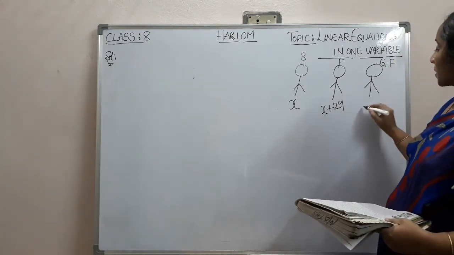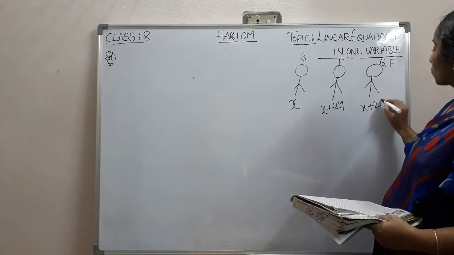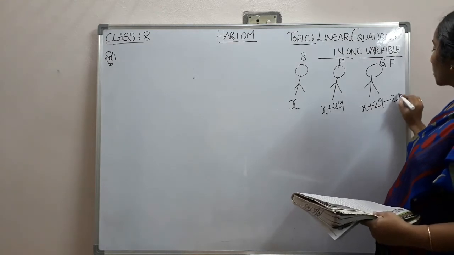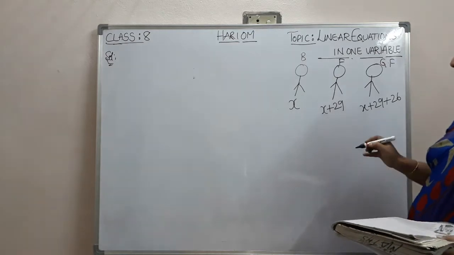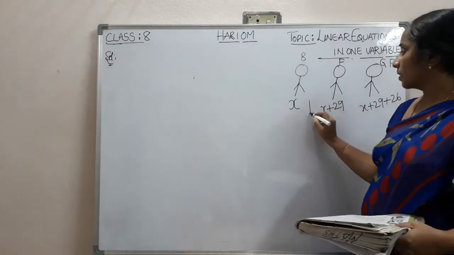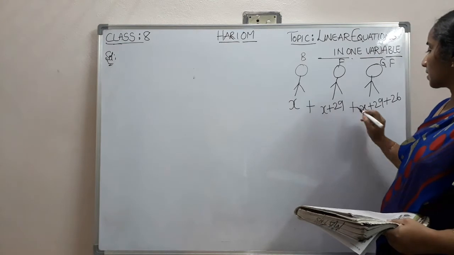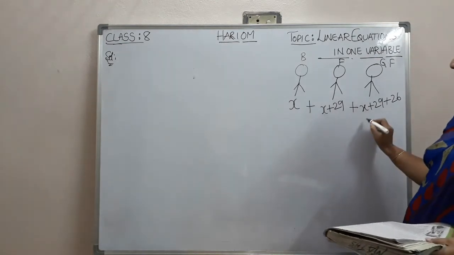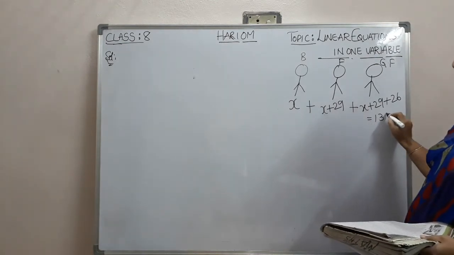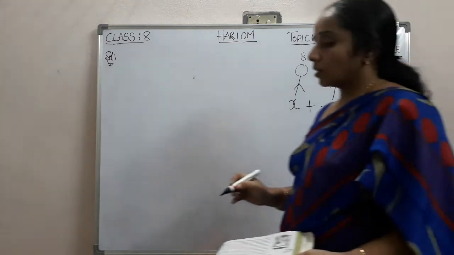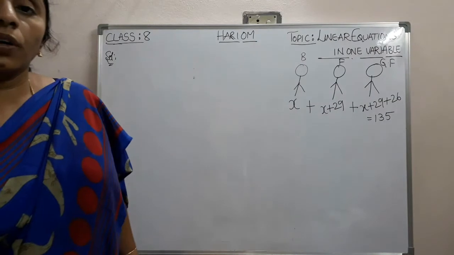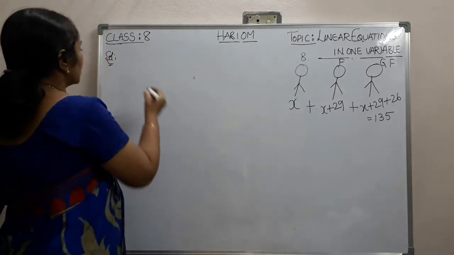Then his grandfather becomes x plus 29 plus 26. Now they have given the sum of their ages is 135 years.